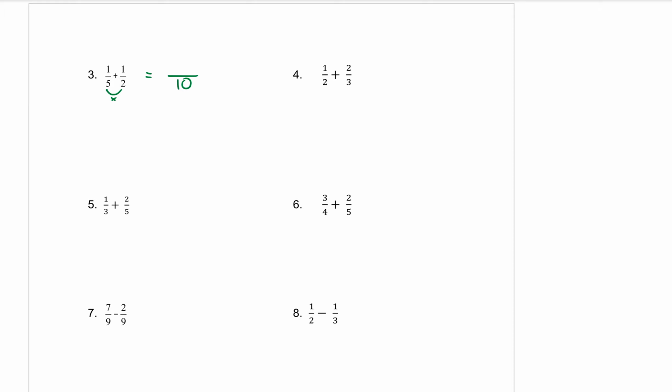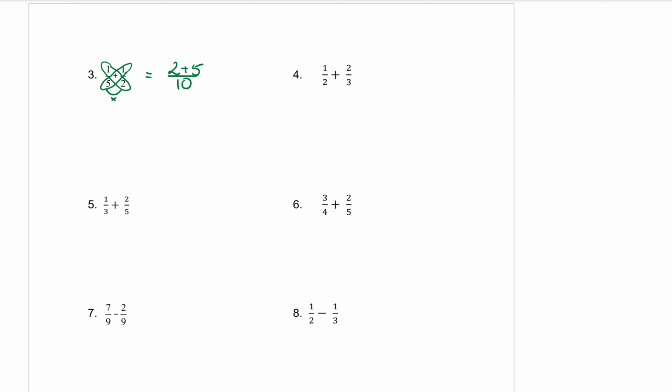Then, to work out the equivalent fractions for the top, you can multiply diagonally. So that means I'm multiplying the 1 with the 2. 1 times 2 is 2. I'm going to be adding that with the second fraction, which is 5 times 1, multiplying the other way, which is 5.